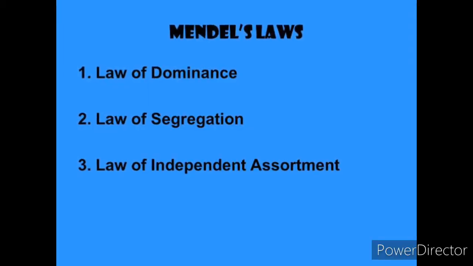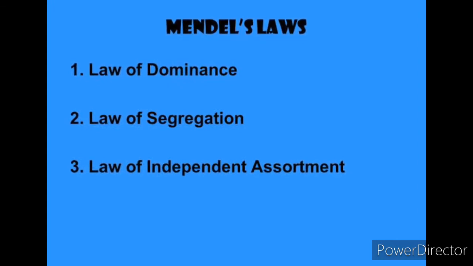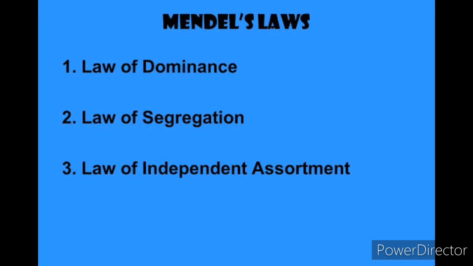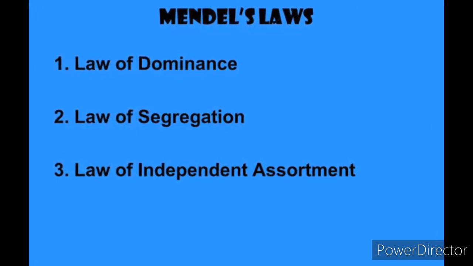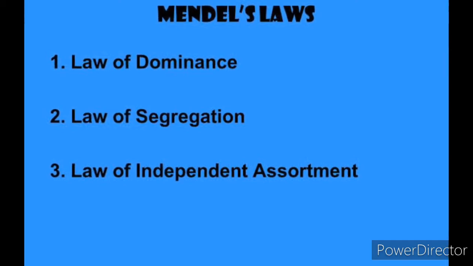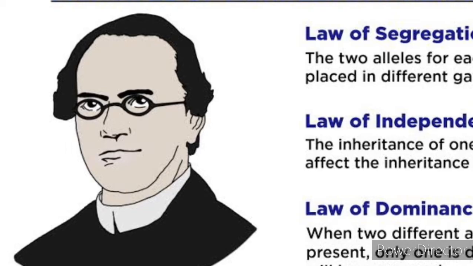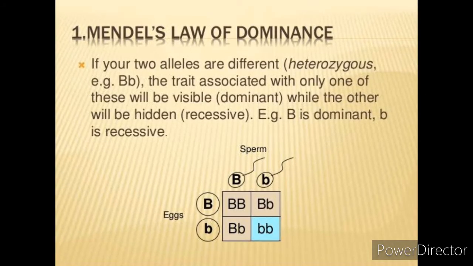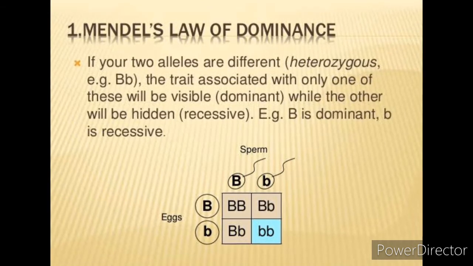Okay, next, Mendel's laws. Based on his experiments of monohybrid and dihybrid crosses, Mendel proposed 3 important laws. They are called Mendel's laws of heredity. First law, law of dominance. Capital T, small t, that's the hybrid we get through the monohybrid cross.